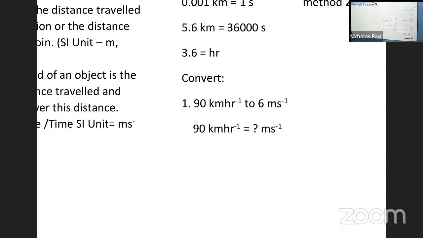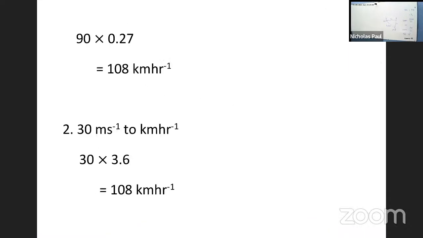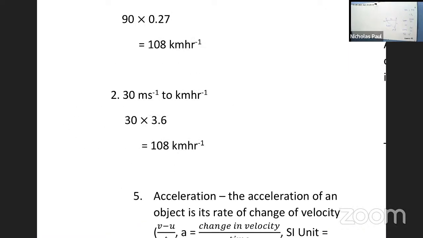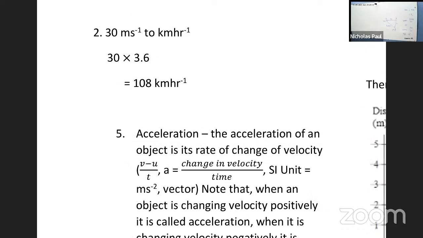All right, next one. Convert this next one here: 30 meters per second to kilometers per hour.